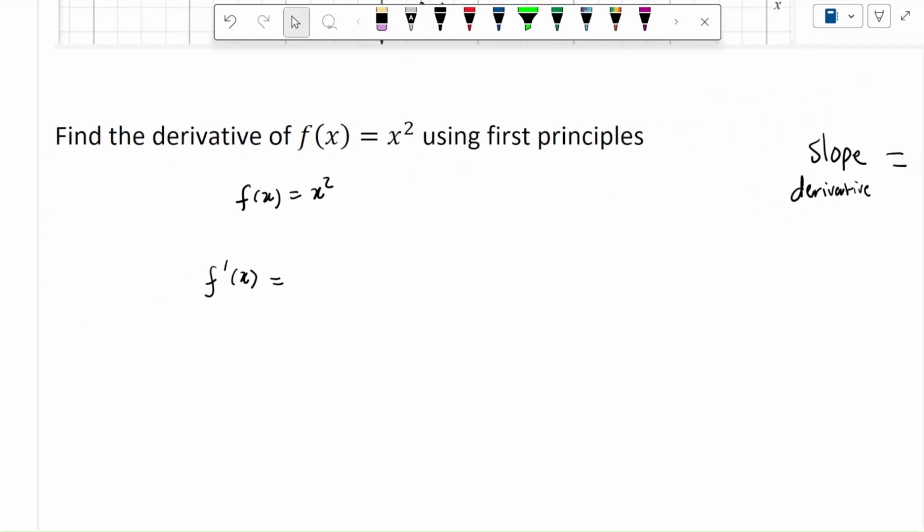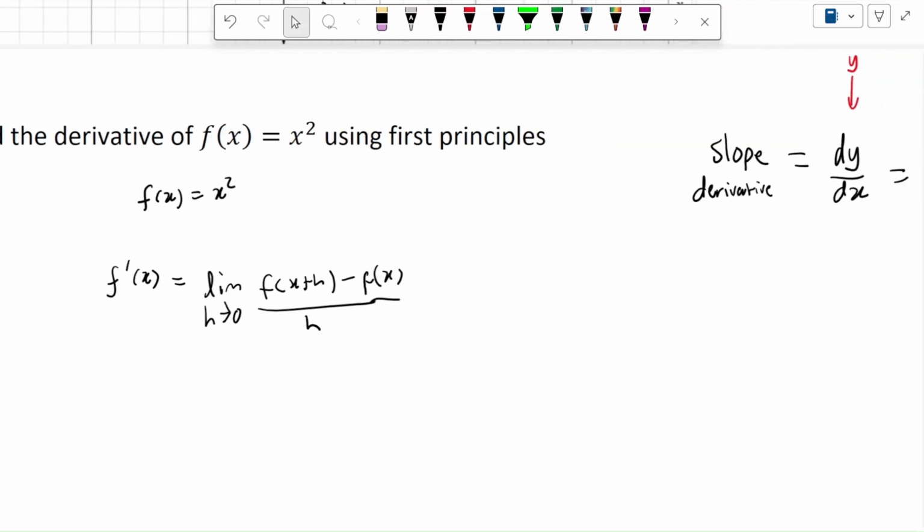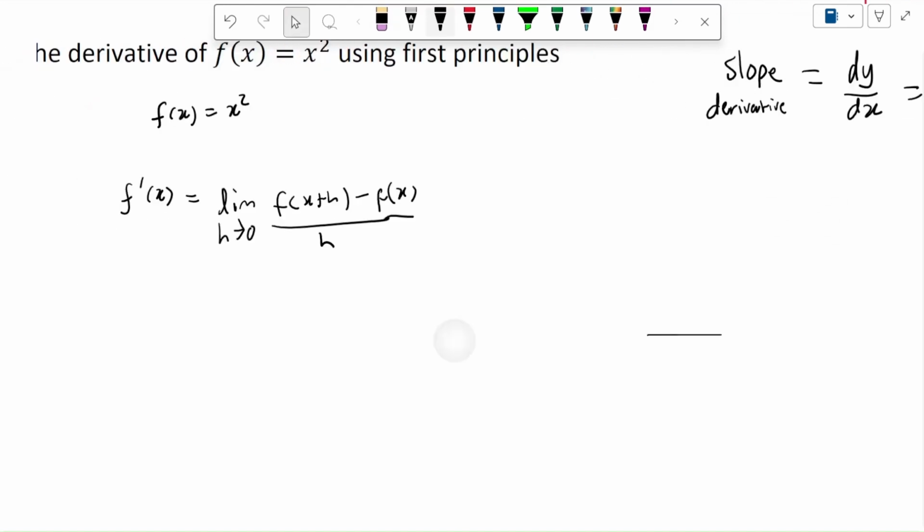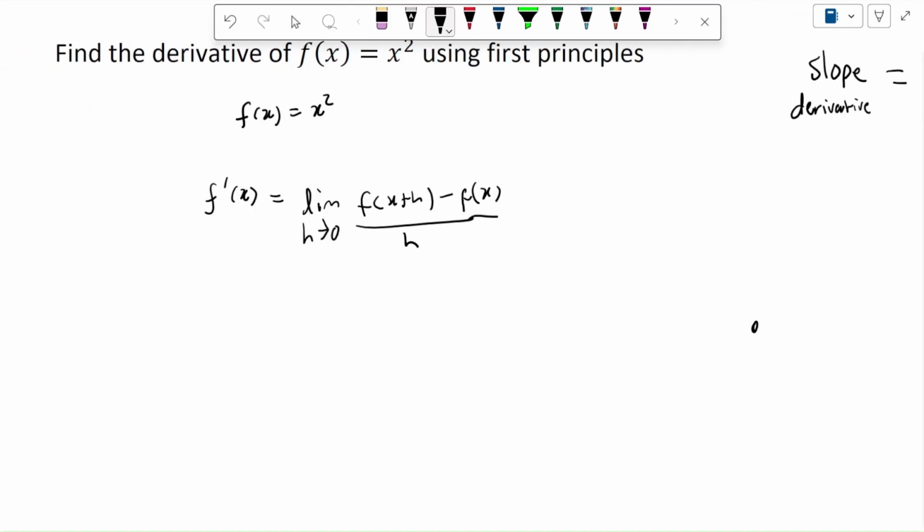Okay, so there's a formula for it. Limit as h goes to 0 of f of x plus h minus f of x, all over h. What a wonderful formula. Where this basically comes from is if we look at any 2 points and we'd like to find the slope. So if we look at the point on our function at x, and then another point, let's say x plus h, and this is the function f of x.